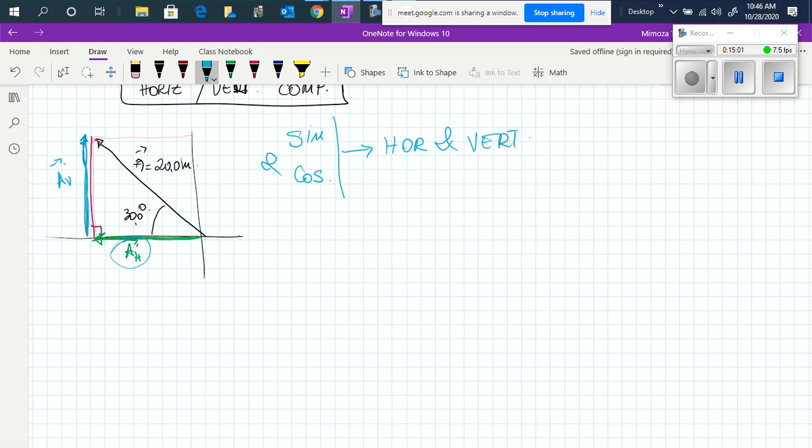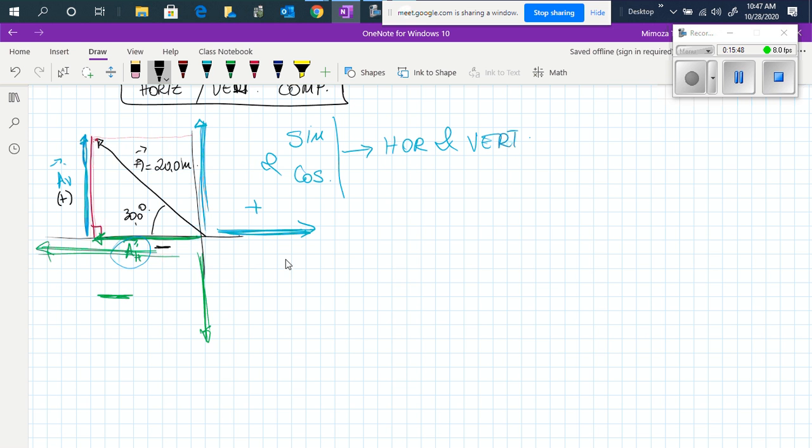But we have to keep in mind that the sign plays a huge role. Whatever is going up or going to the right is considered positive, and whatever is going down south or going west is considered negative. So in this case, the vertical component is positive because it's going up, and the horizontal component is negative because it's going in the west direction.